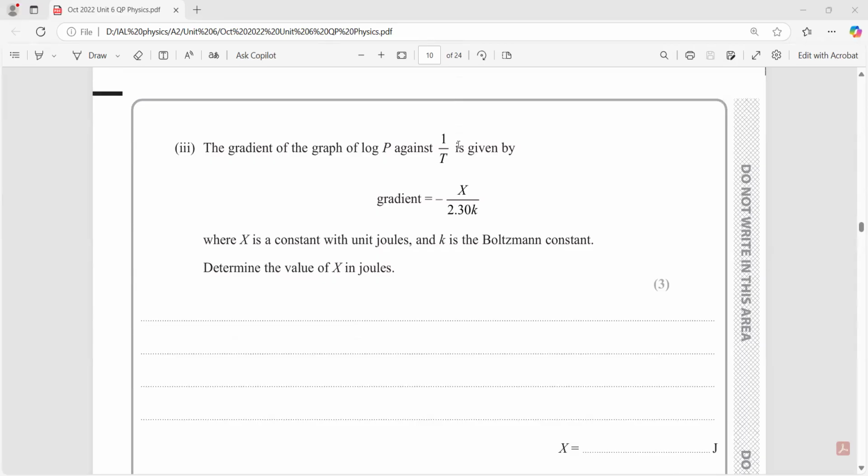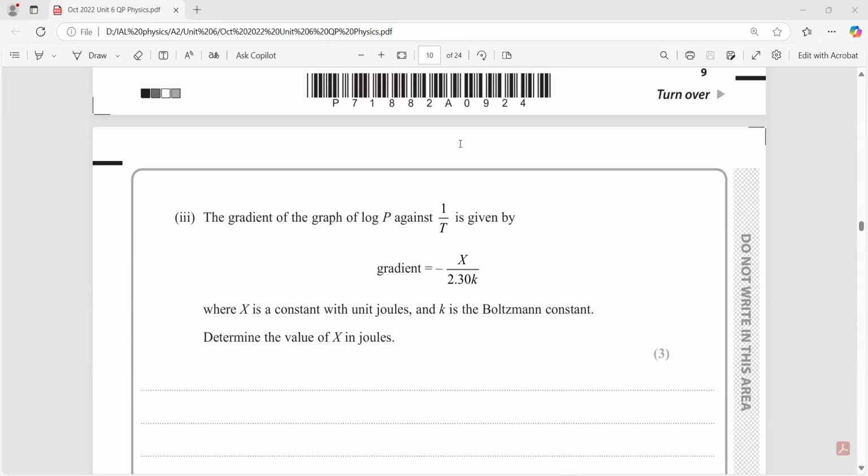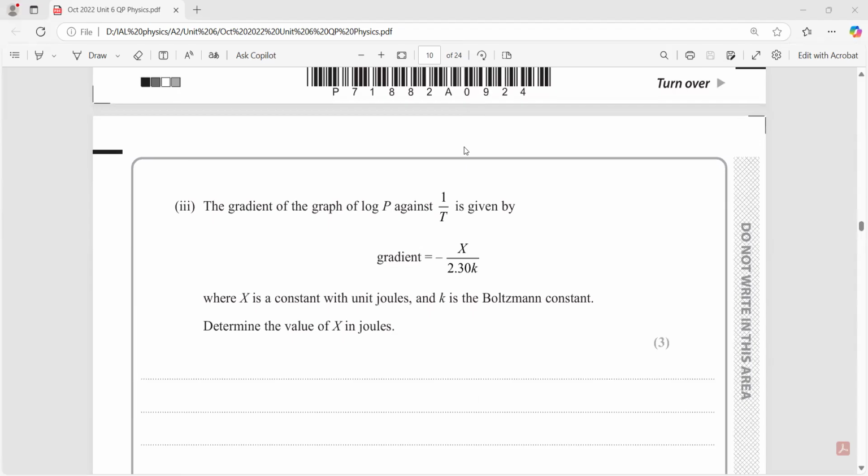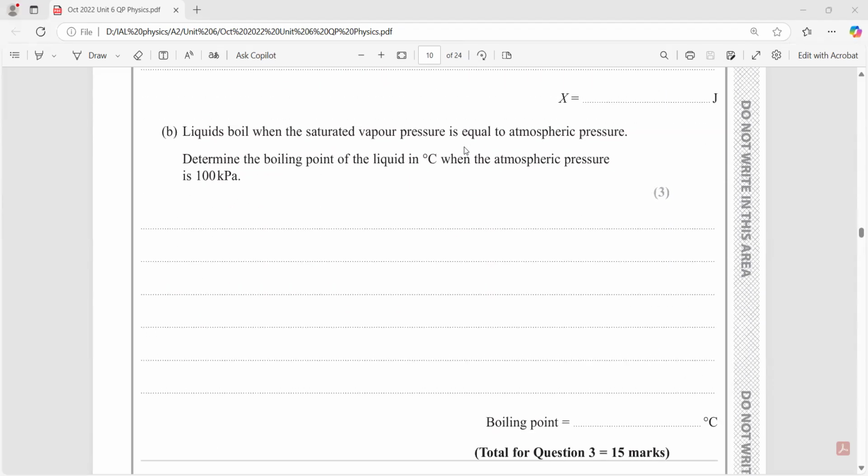So we plotted a graph between log P, which is the pressure, and 1 over T, and we work out the gradient of our graph.